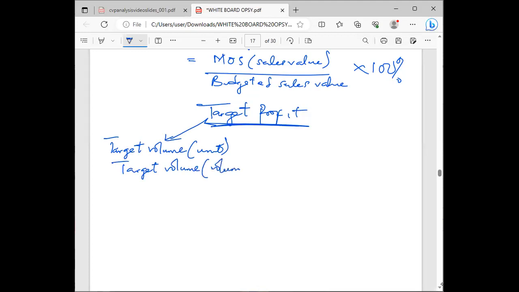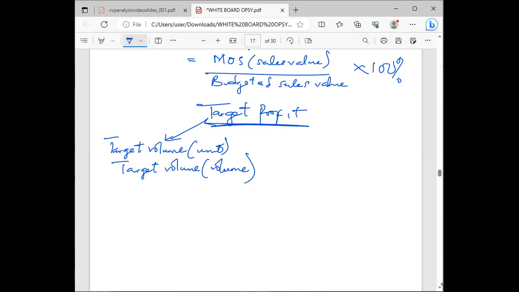In the exam, for those of us who have been having issues passing performance management, you have heard them say, advise management on the quantity of products or goods that they must sell. What they are trying to tell you is the target volume. Or, advise management on the quantity of products they must sell to make a profit of 100 million.